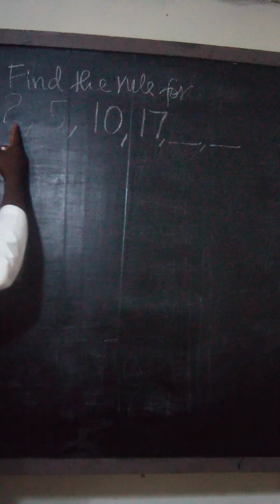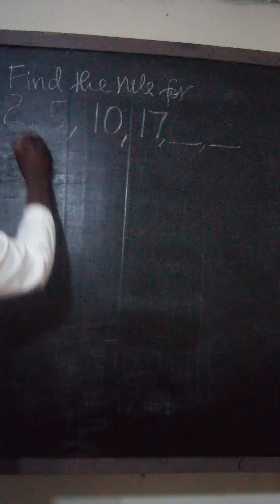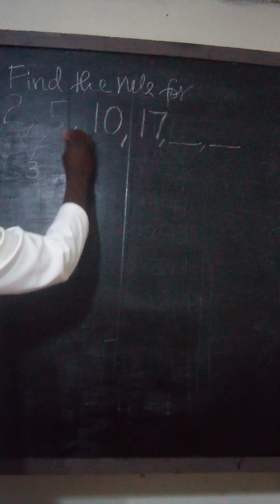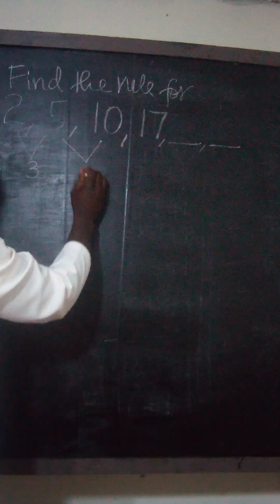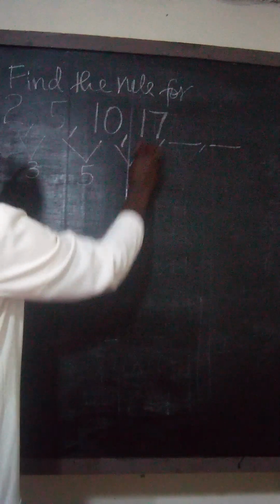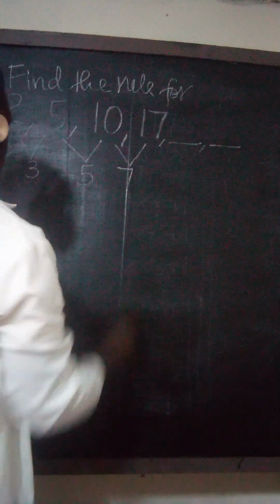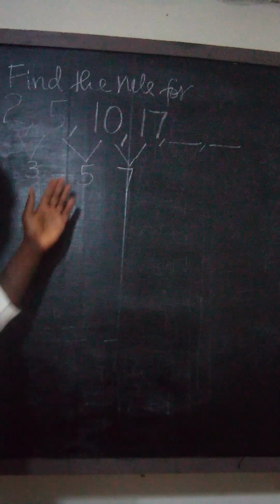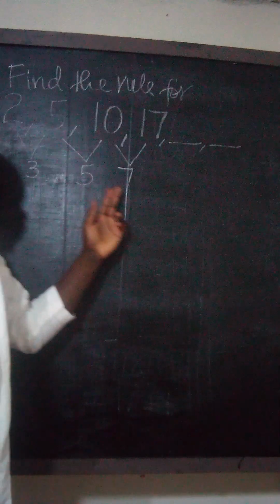The difference between 5 and 2 is 3. Next, 5 and 10, the difference is 5. 10 to 17 is 7. So there is a kind of pattern in this sequence: 3, 5, 7.